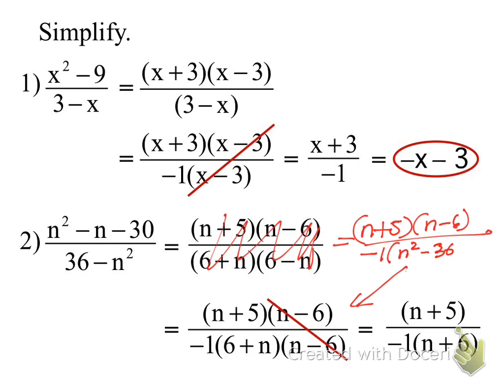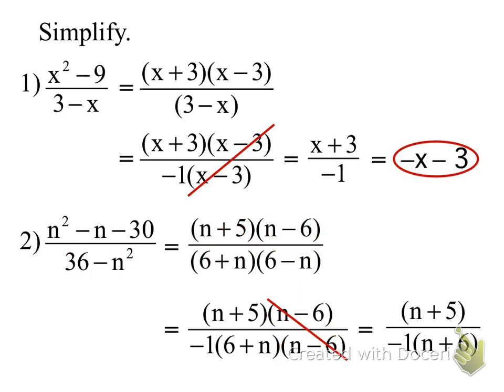Do you understand? I could have factored the -1 right away in the beginning, or I can factor it here when I see I have an opposite. You guys with me? Okay.